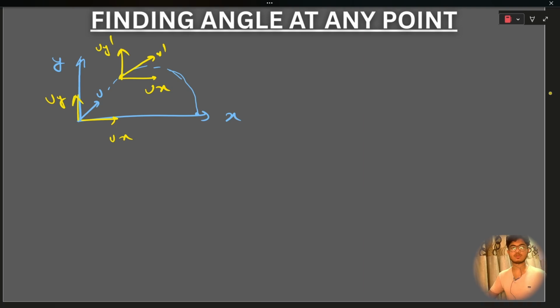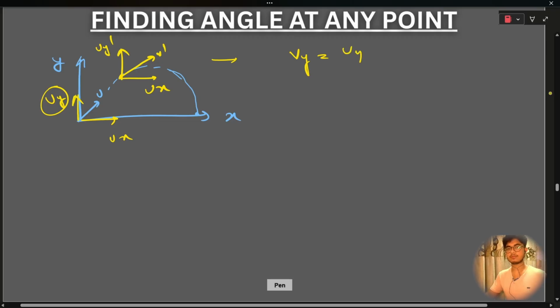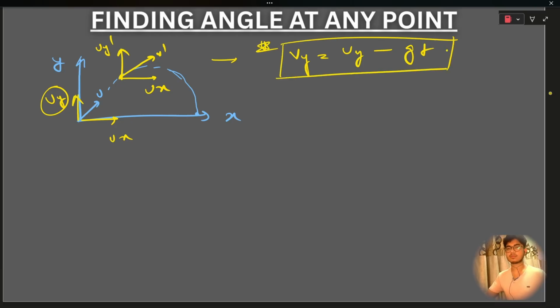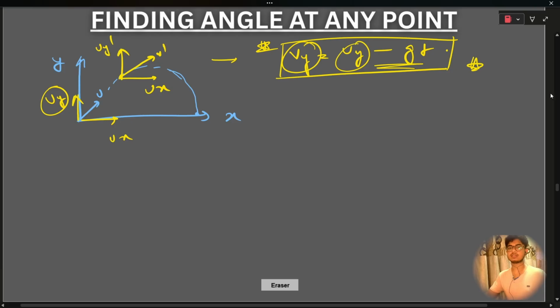So the vertical component can be explained by Vy equal to Uy minus gt. At any point, you can express the vertical velocity as the initial velocity minus gt. This is the first equation of motion.